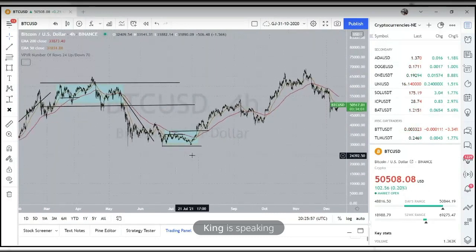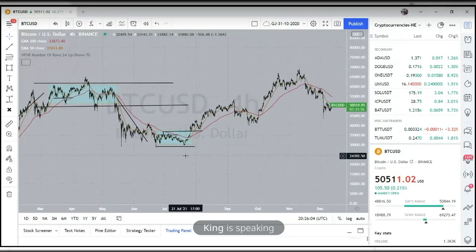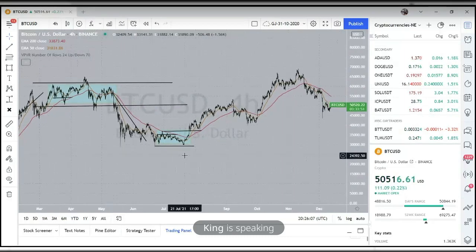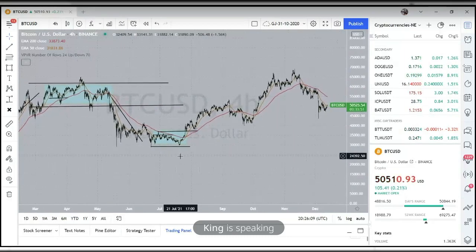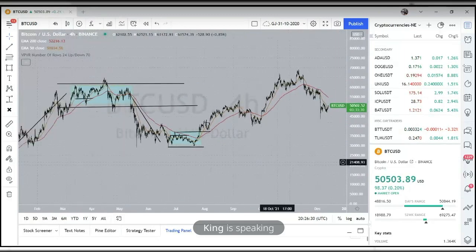You just want to see lows being held and price trying to sort of break highs. And on the other side, if you think the downtrend is going to continue, you want to start seeing the highs being guarded, finding resistance, and attempts at breaking the lows, if that makes sense.